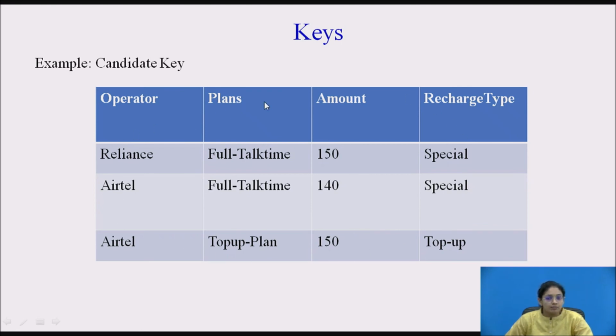So you cannot have a primary key in this table. In whichever table a primary key is not possible, you can go for a candidate key. You can combine one or more attributes to form a candidate key. Here, if you combine operators and plans, that can form a candidate key.